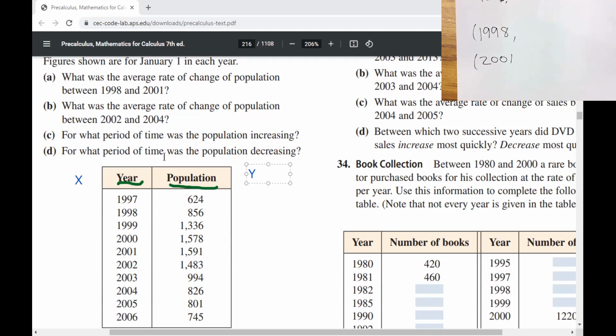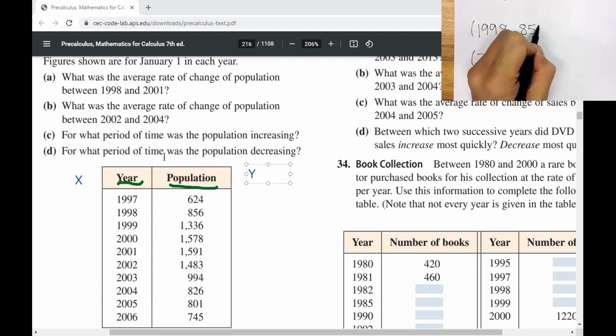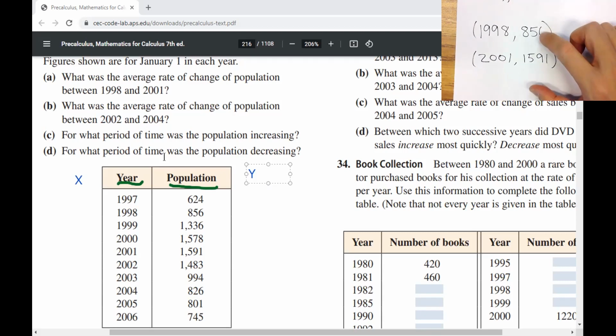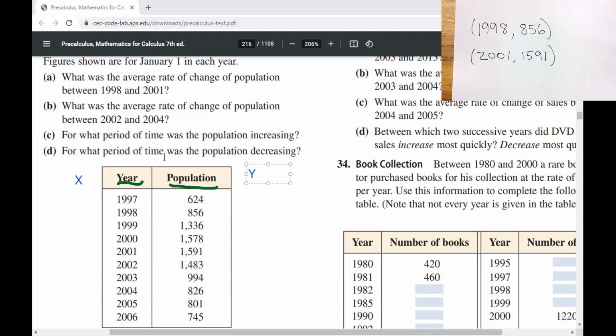So if I look at my population, in 1998, it was 856. That is a small community. In 2001, it became 1591. So with these 2 points, you guys can just plug it into the slope formula and get that, right? The average rate of change.